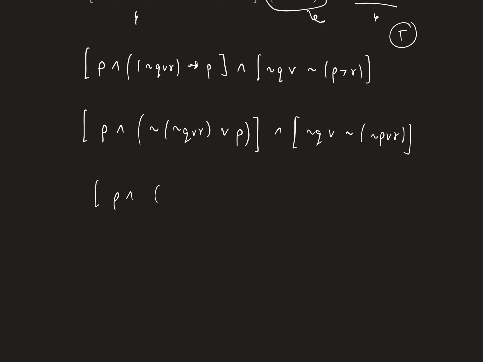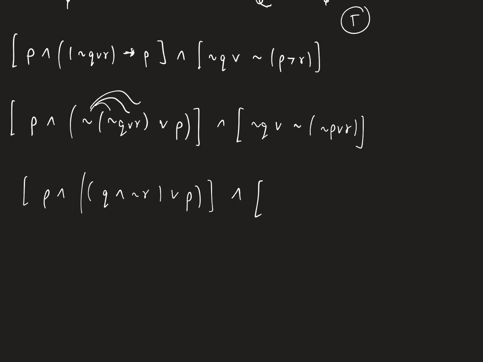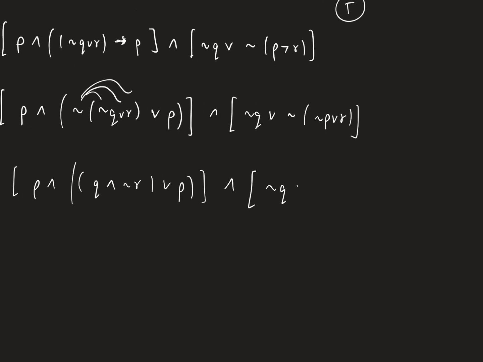Not with not is nothing. So it's gonna be Q, and not with R is gonna be not R, and it's gonna be or P once more. And for the second group, it's gonna be not Q or, not with not is nothing, so P and not R.